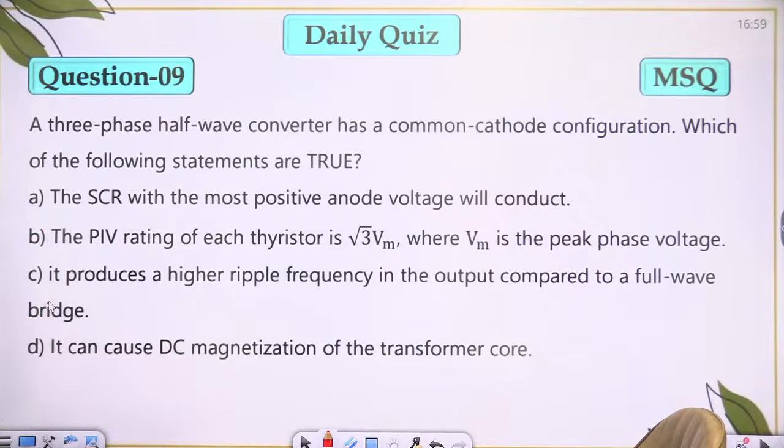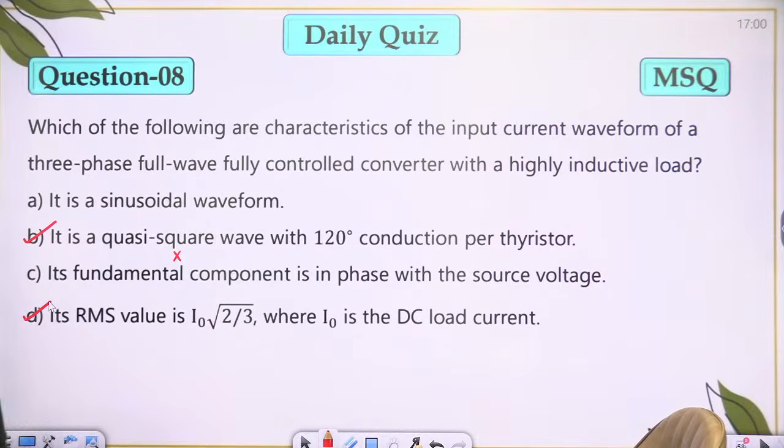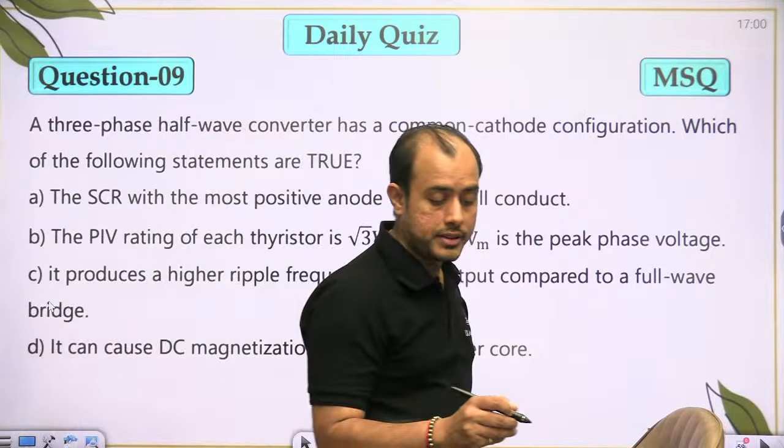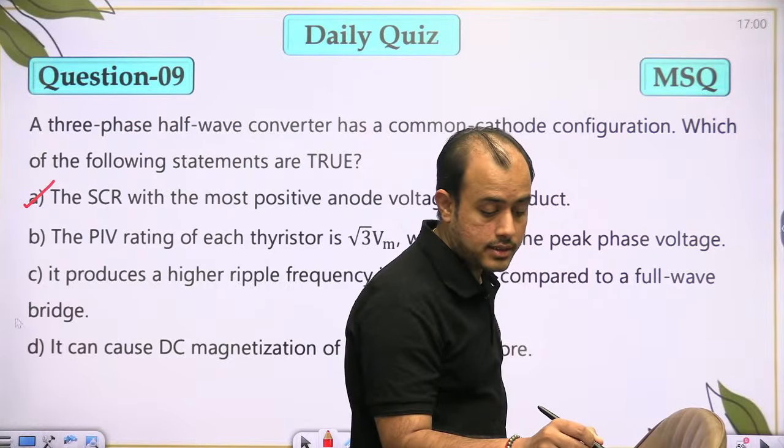चलिए नेक्स्ट. A three-phase half-wave converter has a common cathode configuration. Which statements are true? For common cathode, which statements are true? SCR with the most positive anode voltage will conduct.